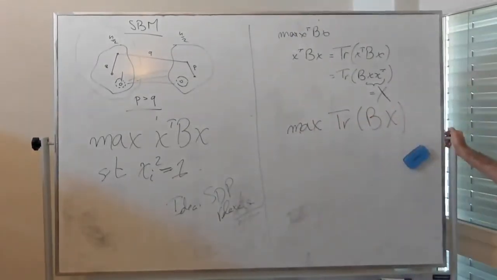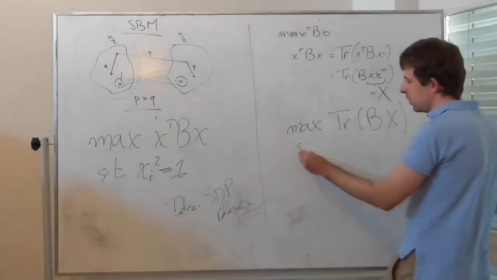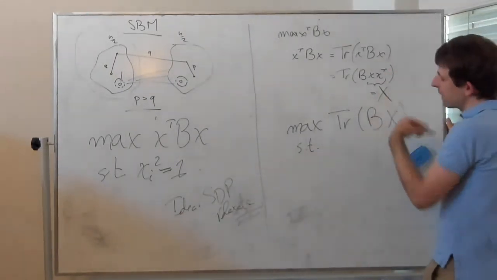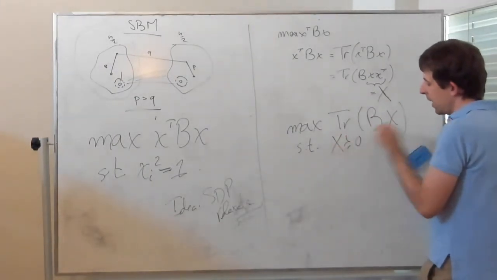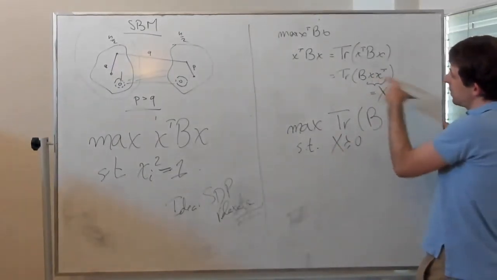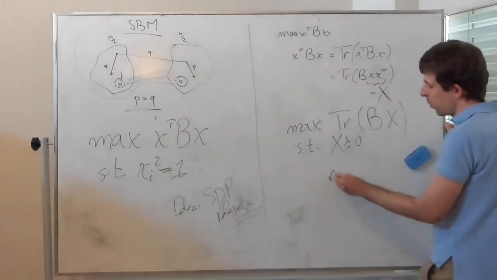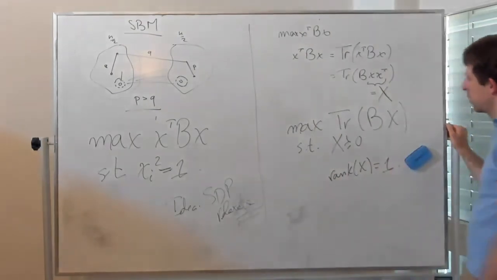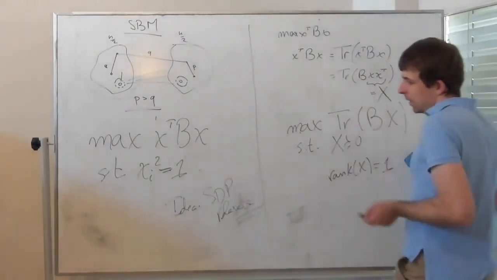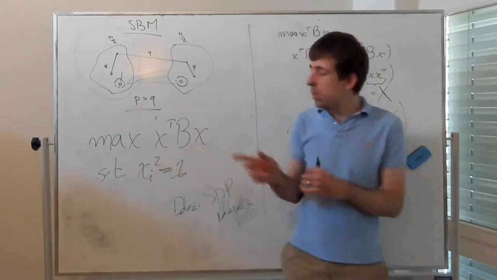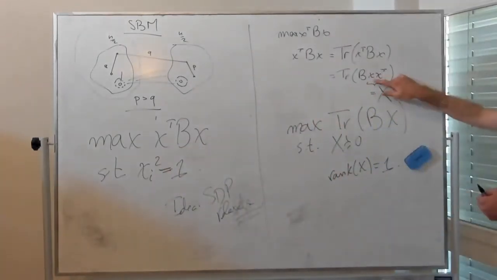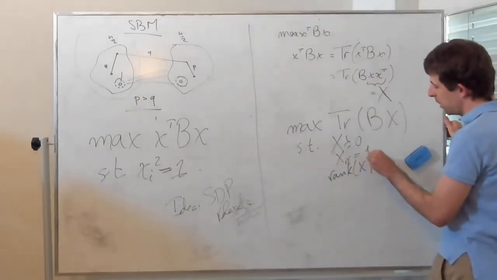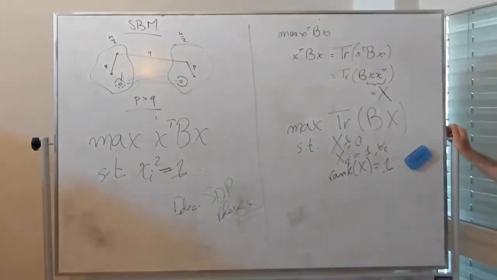Now that we do this, we can maximize over this big variable: maximize trace of BX, subject to X needing to be of this form. But what does that mean? X needs to be positive semidefinite and symmetric, which means it has a Cholesky decomposition. It also needs to be rank 1. And the xi squares need to be 1, but that's encoded in the diagonal of X, because xi squared is the diagonal of X, so Xii is 1 for all i.